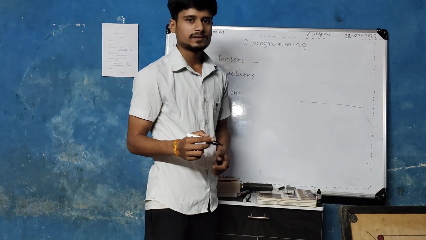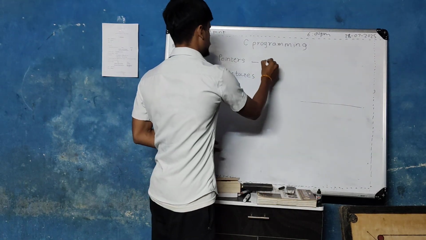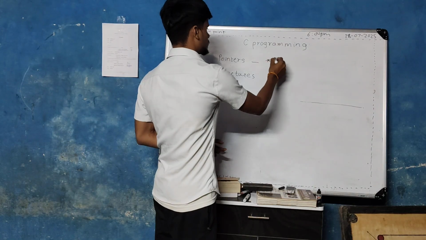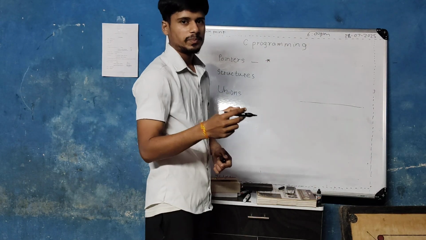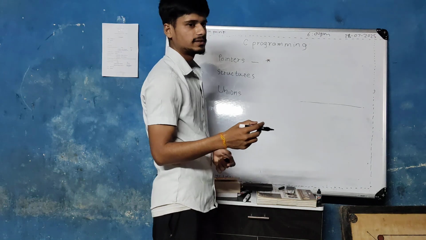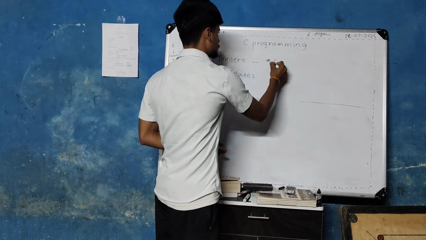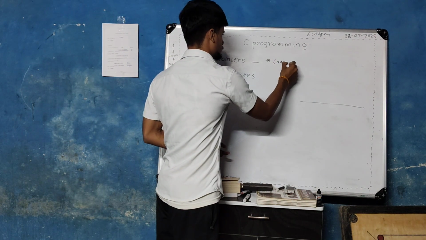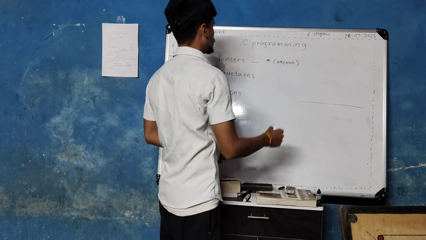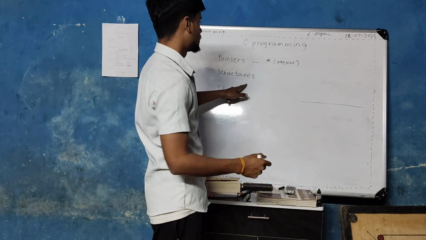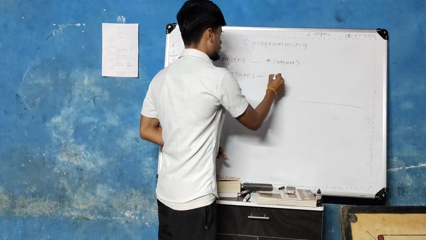Now, what is an asterisk symbol? It is denoted as a star on the keyboard of a PC. And structures are denoted by the keyword struct.